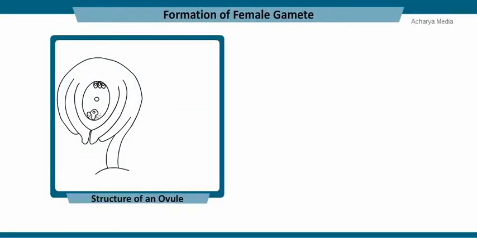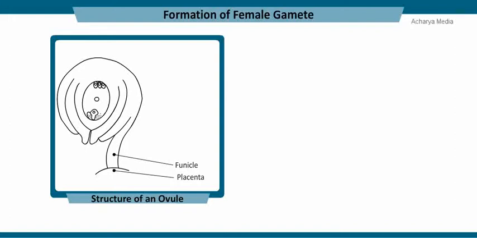Egg is the female gamete that is present inside the embryo sac of an ovule. Let us discuss how the female gamete is produced from the tissue of an ovule. Ovule is attached to the placenta of the ovary by means of a stalk called funicle.